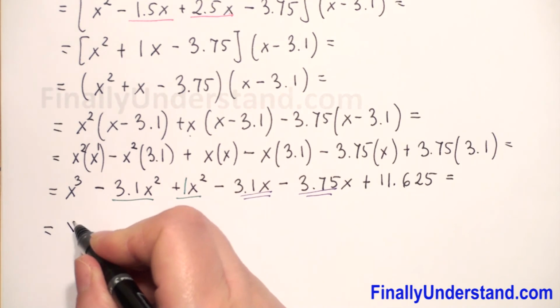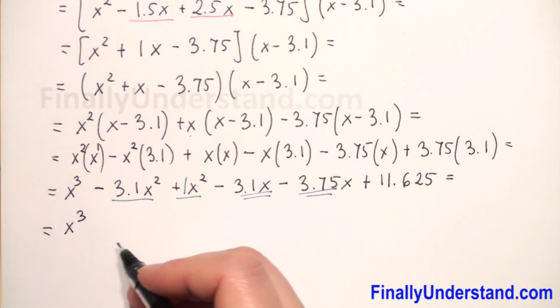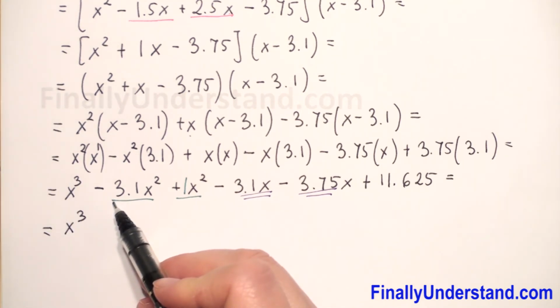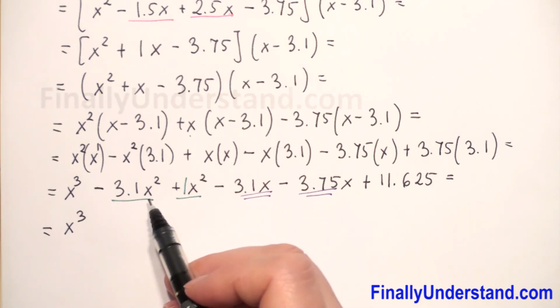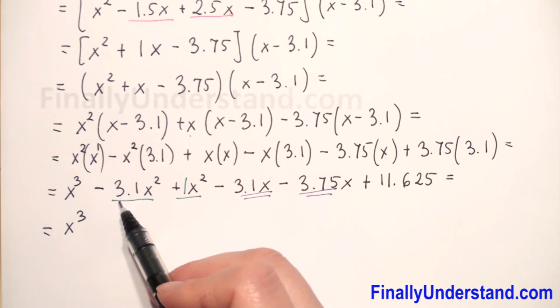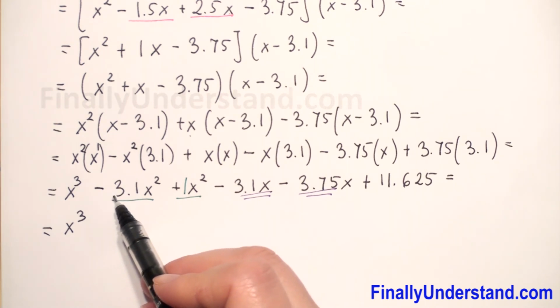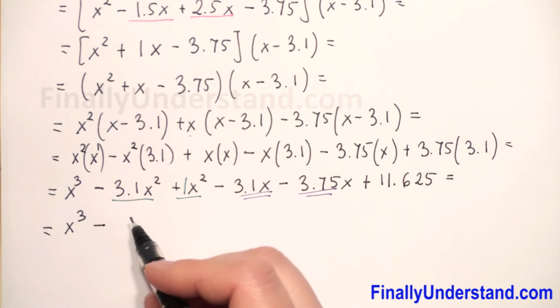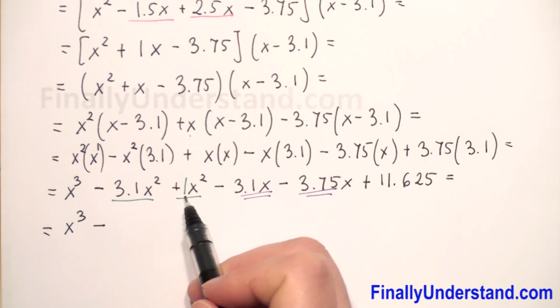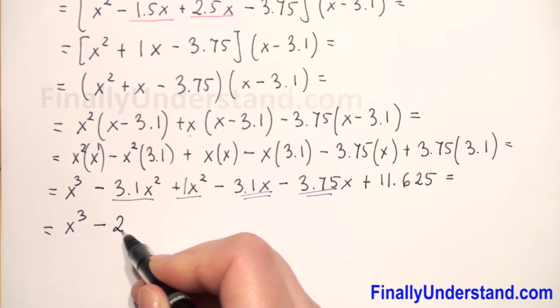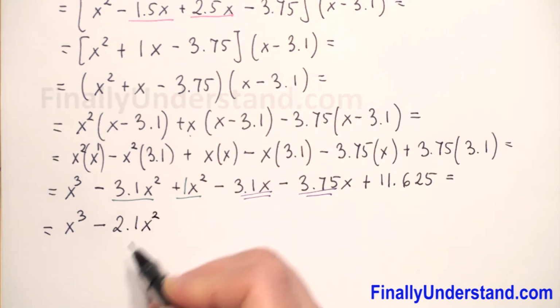So we have x cubed, and next we have a negative and a positive like term, x squared and x squared. So we keep the sign of the greater number. We have negative 3.1, so it will be negative. Now we subtract the smaller number from the greater number: 3.1 minus 1 will be 2.1, and x squared we rewrite.